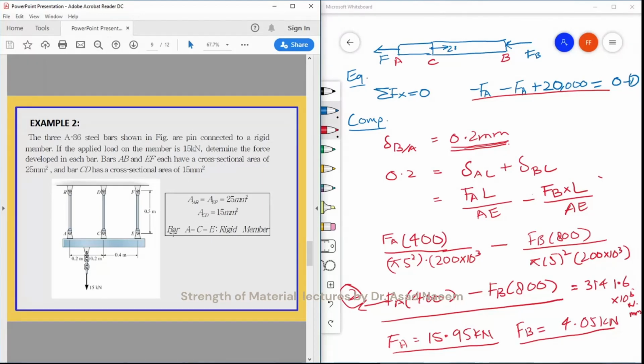These are the areas. So we have different areas in this condition, and the bar ACE is a rigid member. So that means due to this load there is no deformation in that bar, but it will definitely be deflected in some way.